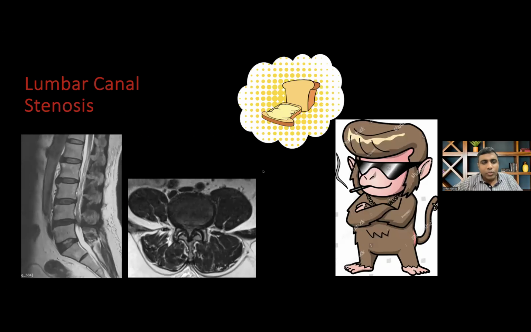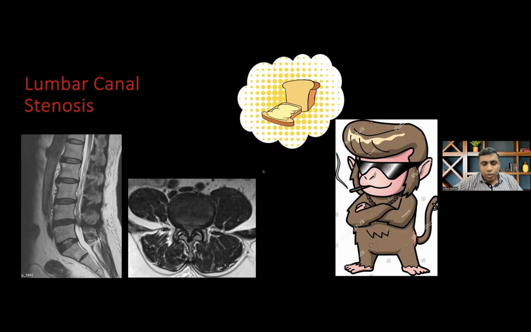So, as we know, lumbar canal stenosis at a single level is quite attractive for a spine surgeon. We are very happy to do these surgeries because we know that when we operate on these patients, the results are usually excellent if we have done the right surgery for the right patient.